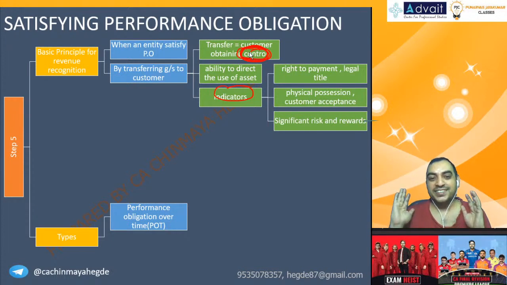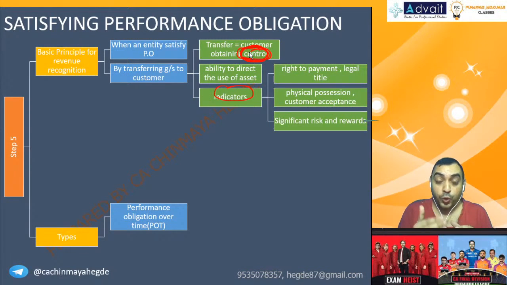I hope you got the basics. What do you mean by over a period of time and at a point in time? CA, to be eligible to sign an agreement, to sign the balance sheet, it is not over a period of time, it is at a point in time. You have to become a CA, then you get the eligibility.